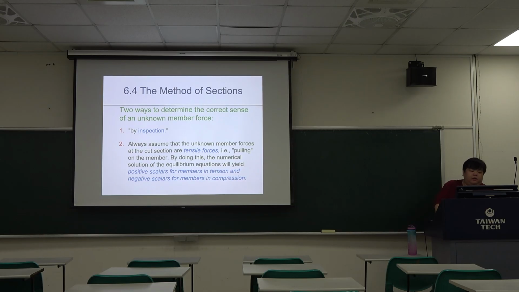And we have two ways to determine the correct sense of an unknown member force. The first one is by inspection, and the second is to always assume that the unknown member forces at the cut section are tensile forces.